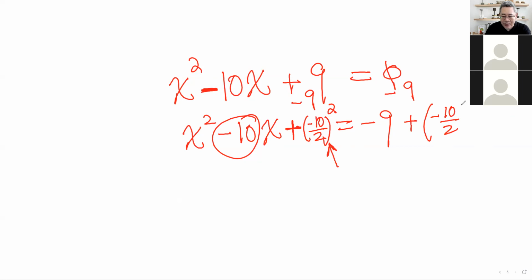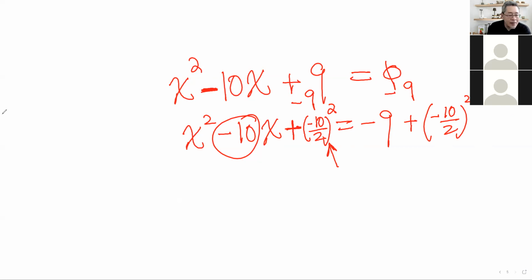I have a question. Isn't half of 10 equal to 5? Yep. Then what did I do wrong? Why did I put a 5 and not a 2? You said do half of 10 and you put a 2. No, I wrote negative 10 over 2.